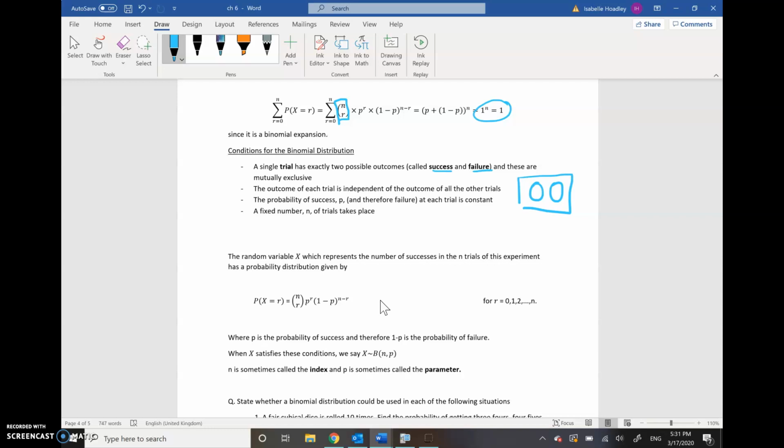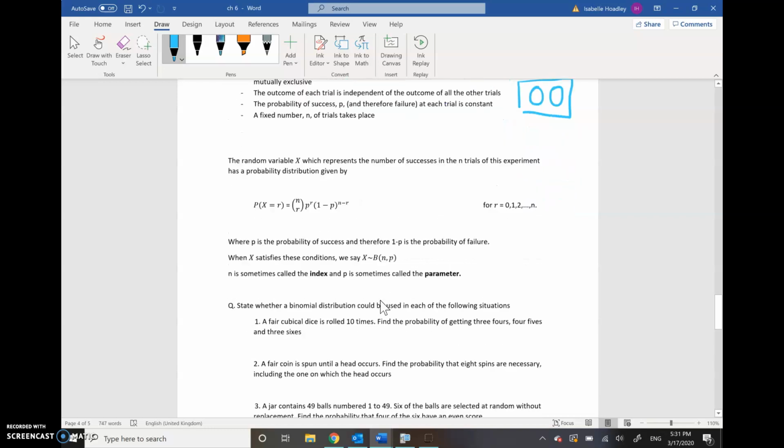The outcome of each trial is independent, so that means the probability is consistent throughout all of your trials. And the probability of success, that's exactly what I just said, so that's fine. And then the other thing is that you need to have a fixed number of trials, n, that take place. So this doesn't work if you have infinite or an undefined number of trials. You can only calculate the probability if you are aware of what that n value is.